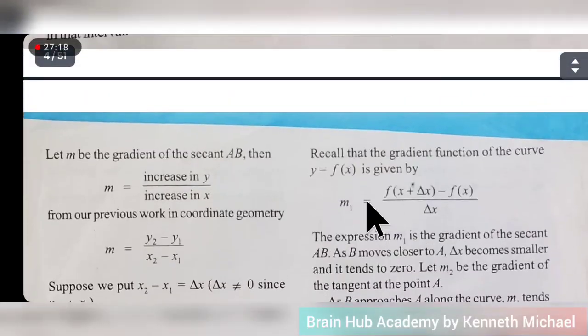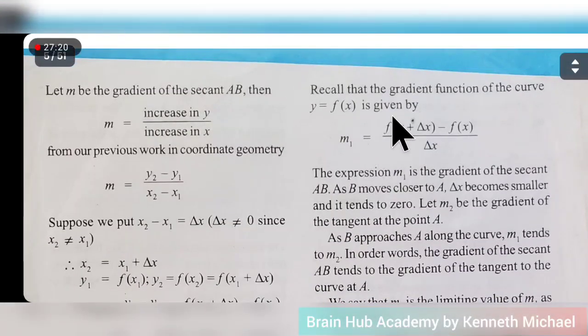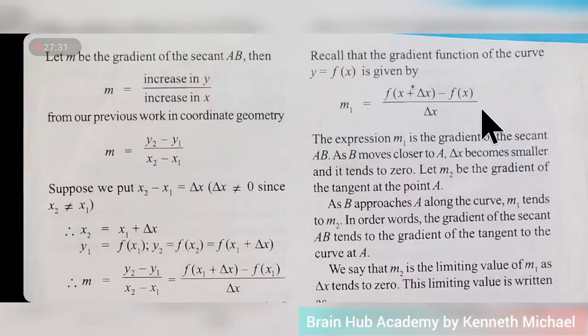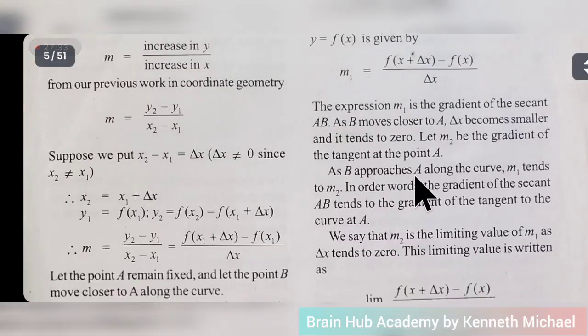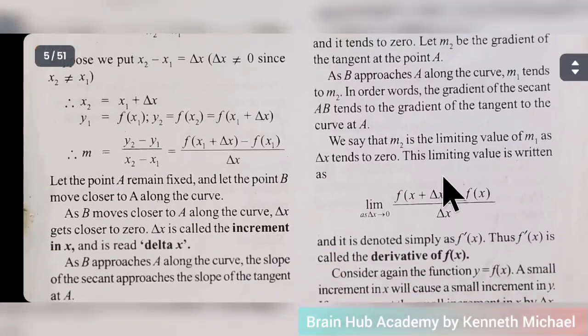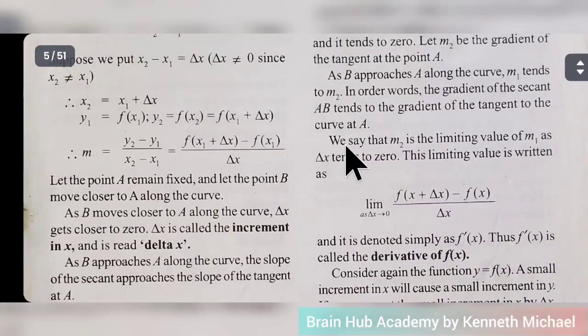All right, so we recall before now that our y equals f of s, from which we are able to get this gradient. So we say that m2 is a limiting value of m1 as delta s turns to 0.